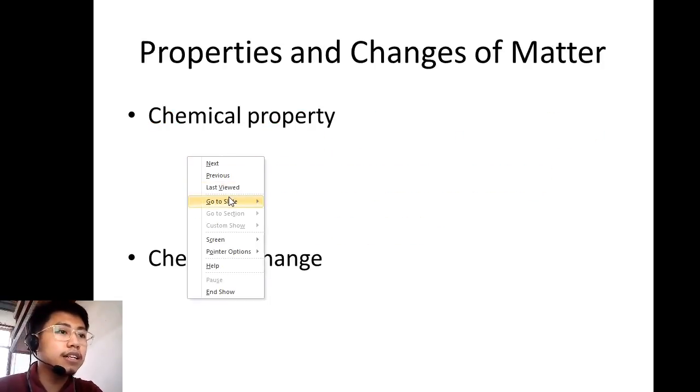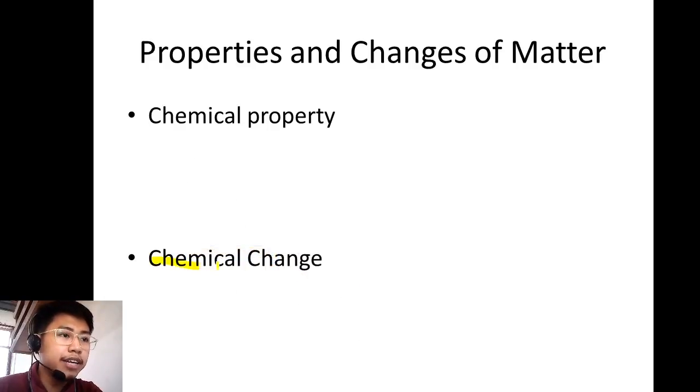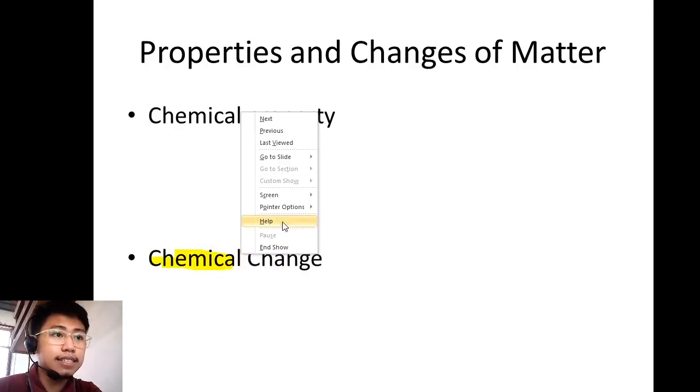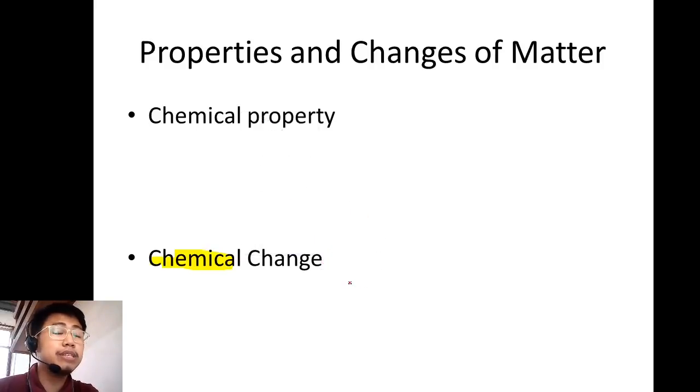So in chemical change, the reactant reacts and forms a new product. When we say new product, it has new characteristics compared to the reactant.